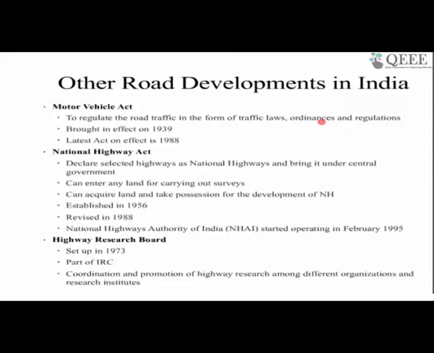If you look into motorized vehicles, a Motor Vehicle Act came up to regulate road traffic, what the traffic law should be and how it should be maintained, how we can discipline the traffic, and what the processes are. The first time it came up was in 1939, and later on some improvements happened, and the latest act which is in effect is 1988.